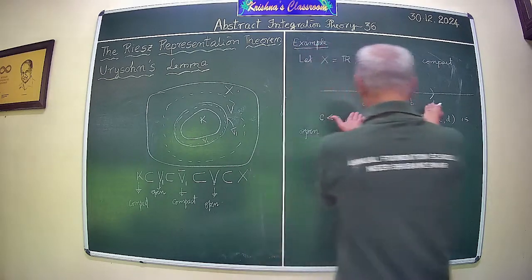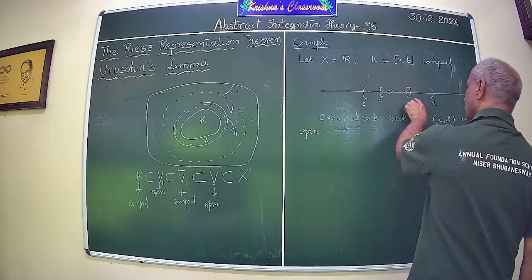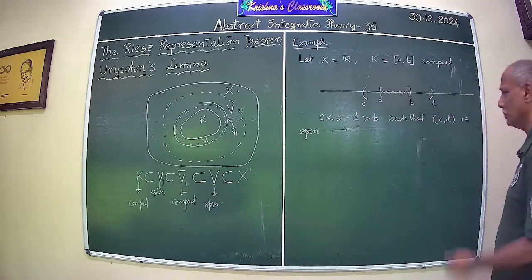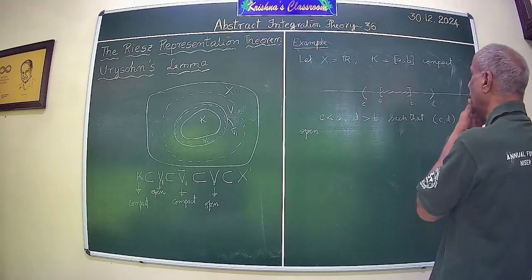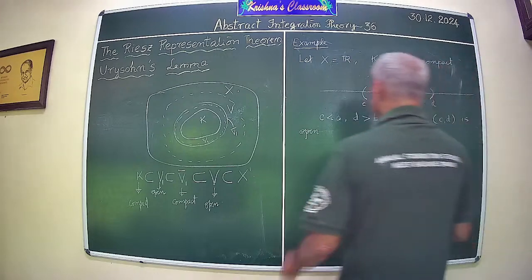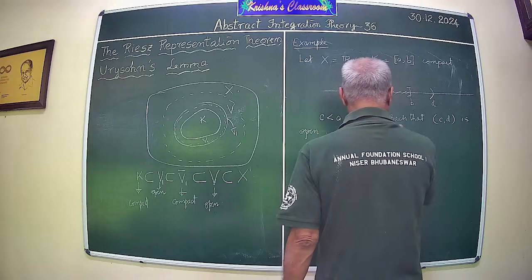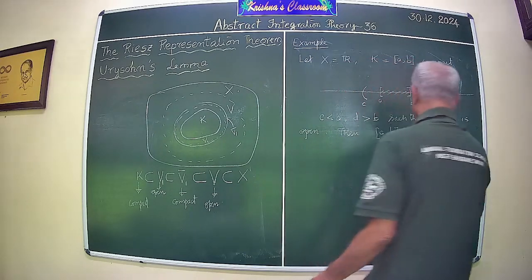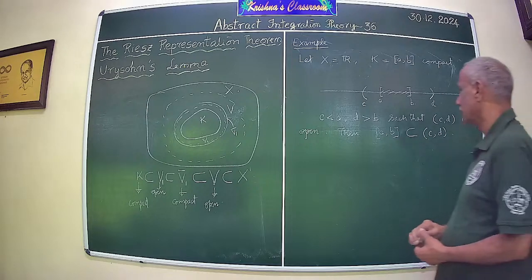In fact, there are several choices for C. But if you just take A minus epsilon and B plus epsilon, that serves the purpose, no matter how small epsilon is, as long as it is positive. Now, what this theorem says: AB is contained in CD.